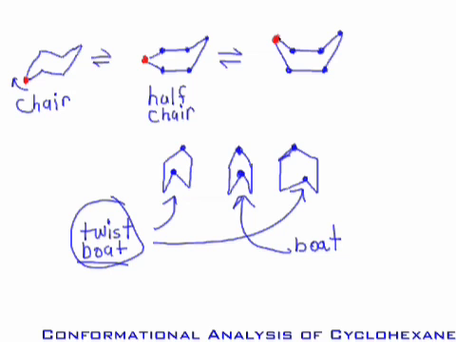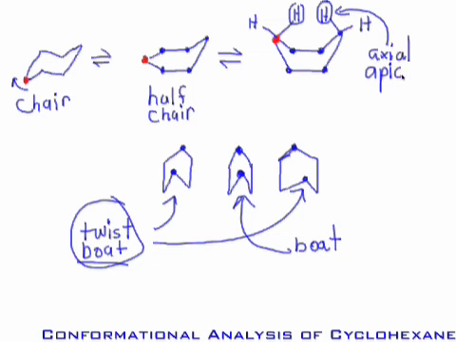The boat is high energy because if you put the hydrogens on the perfect boat form, you get something like this. These hydrogens are called axial hydrogens, apical hydrogens, flagpole hydrogens, like flagpoles off the bow of a ship.